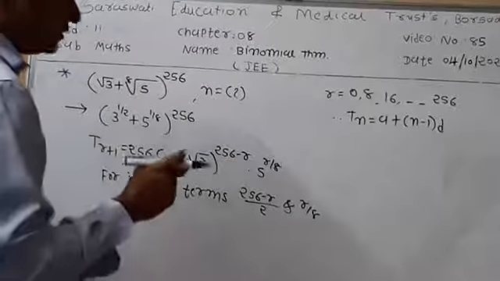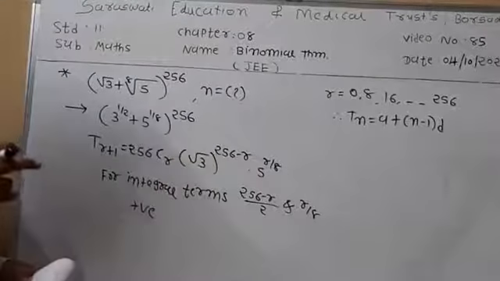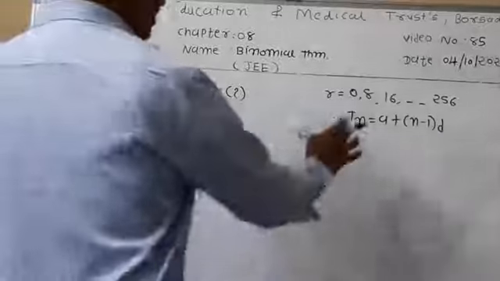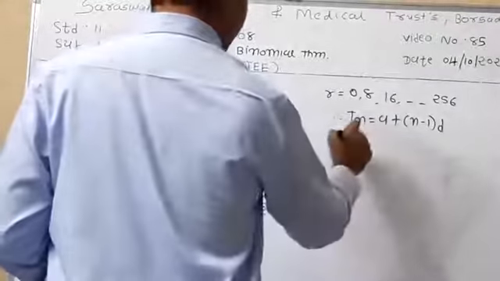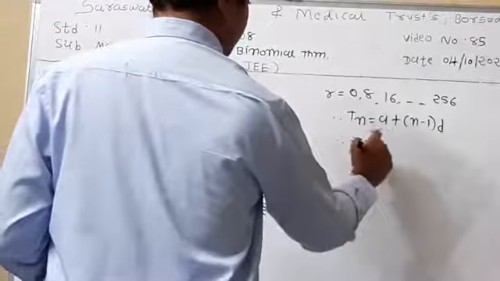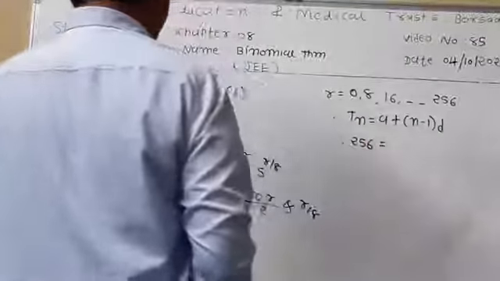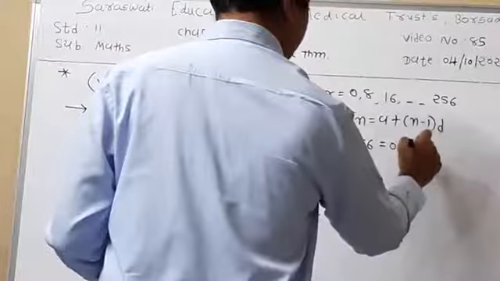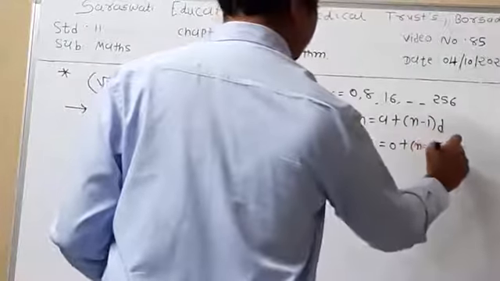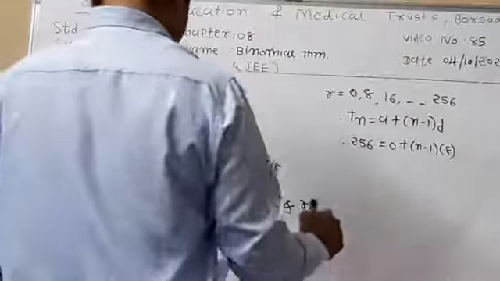So now here a means the first term, d means the difference, the second term minus the first term, and our Tn means the last term. So here we write 256 is equal to a, which is 0, plus (n minus 1) times d, that means 8. Now divide by this term.